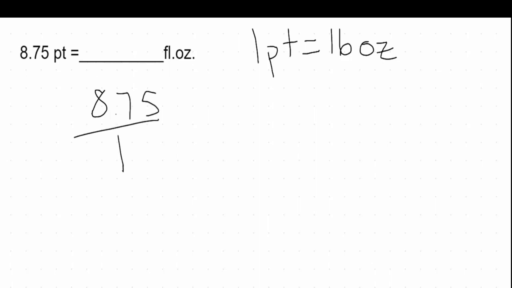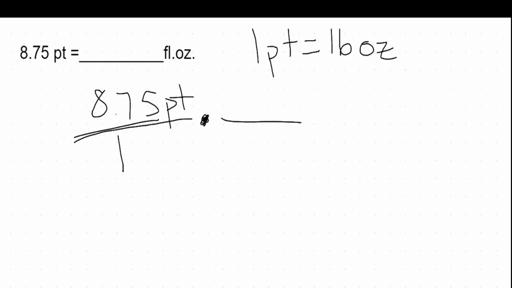We're going to change it to a fraction. So this is 8.75 pints over 1. And we're going to want to multiply this by some other fraction that will hopefully cancel out the pints and leave us with ounces.